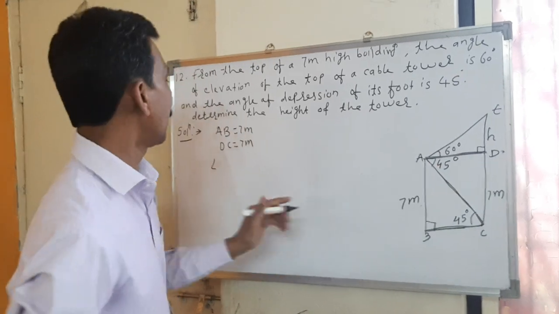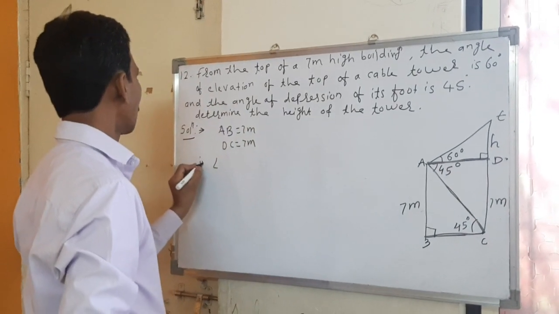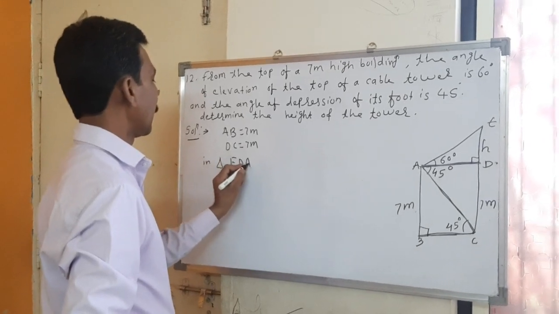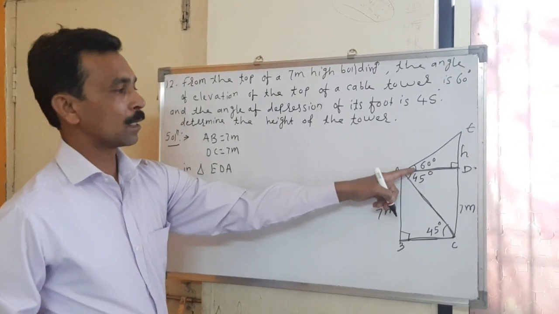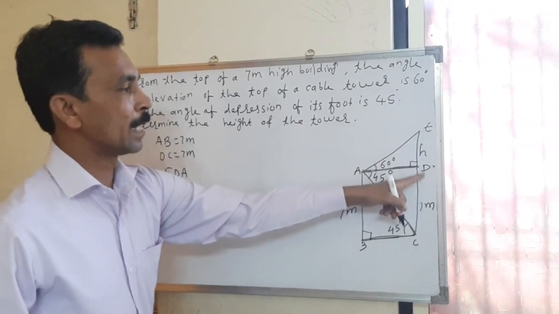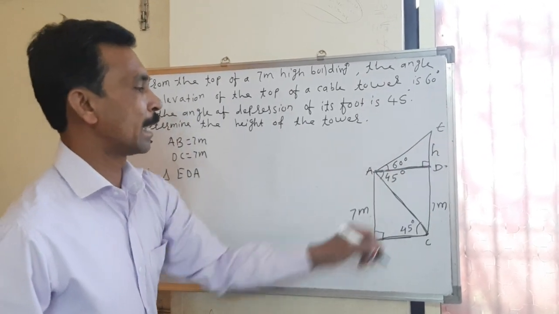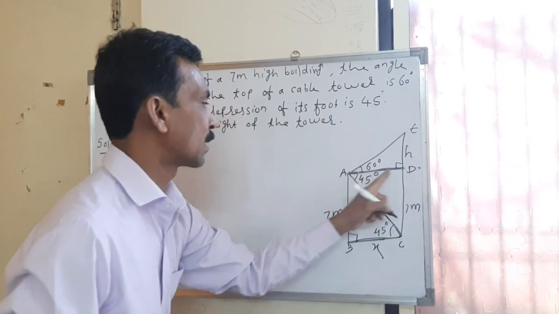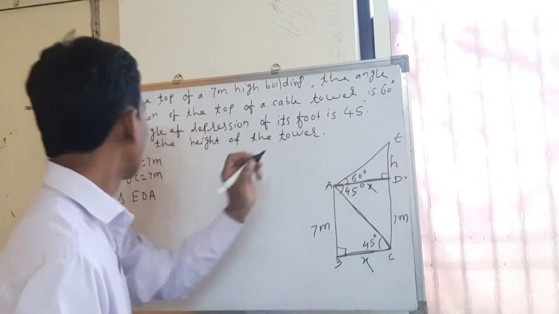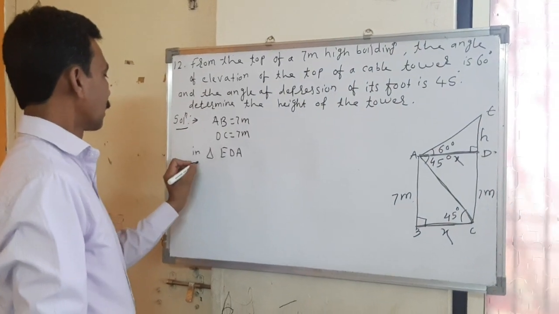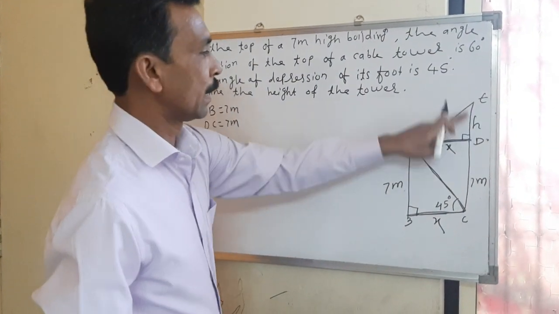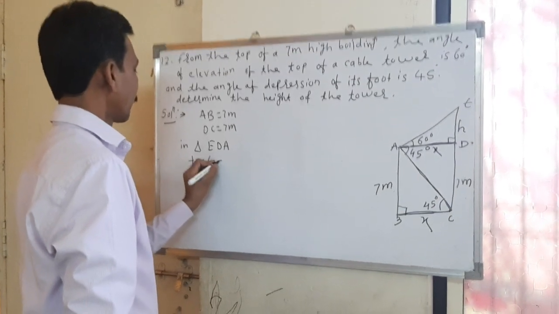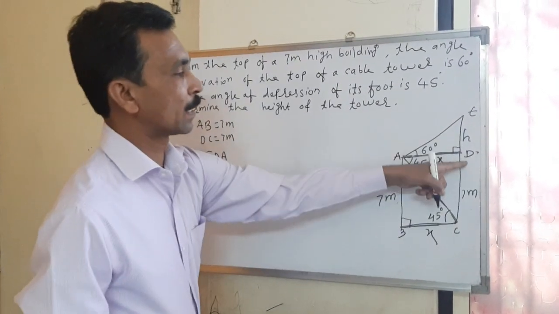Angle EDA in triangle EDA. This is the reference angle, 60 degree. What is AD? We don't know. BC is equal to X. AD will also be equal to X. Right? In triangle EDA, tan 60 is equal to opposite upon adjacent.